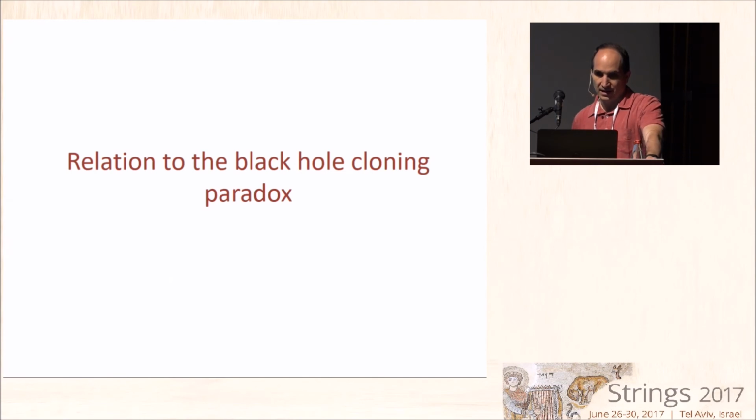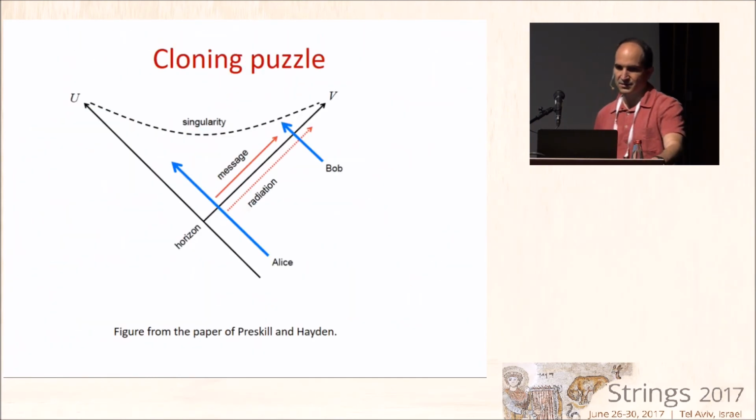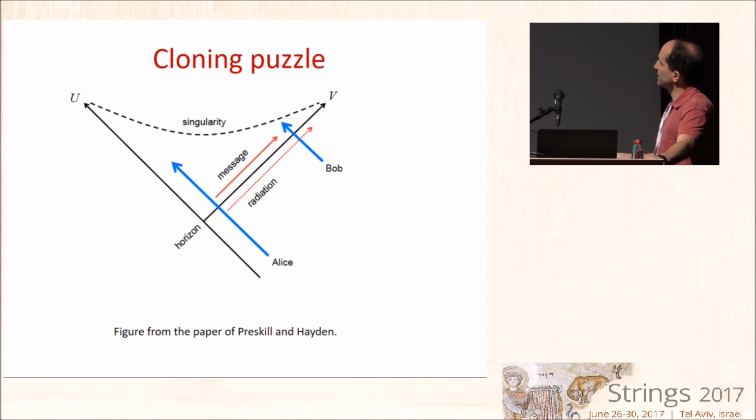I won't go through them. And finally, let me close in the last couple of minutes on the relationship to the black hole cloning paradox. This is a paradox where you imagine an old black hole, and Alice goes in. Bob has a state that is perfectly entangled with the old black hole, and so he can collect some Hawking radiation.